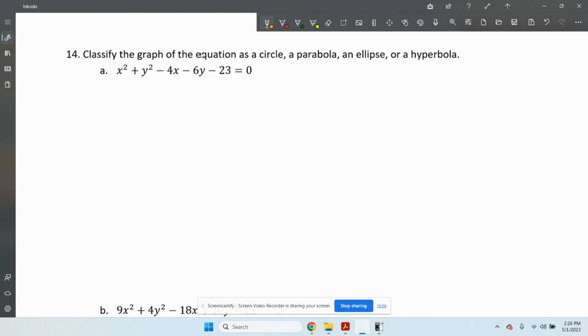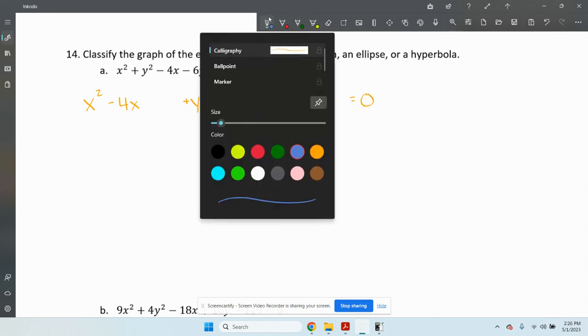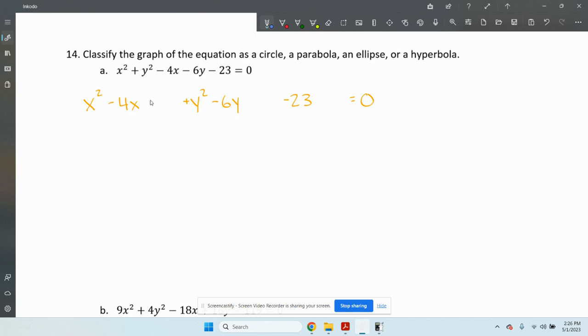Classify each graph of the equation as a circle, parabola, ellipse, or hyperbola. I'm going to make you list the center as well when you do that, or the vertex if it's a parabola. But the first thing I'm going to do is group the x terms and the y terms. So I have x squared minus 4x, plus y squared minus 6y, minus 23, equals 0. I divide this by 2 and square it, so I'm adding 4 here.